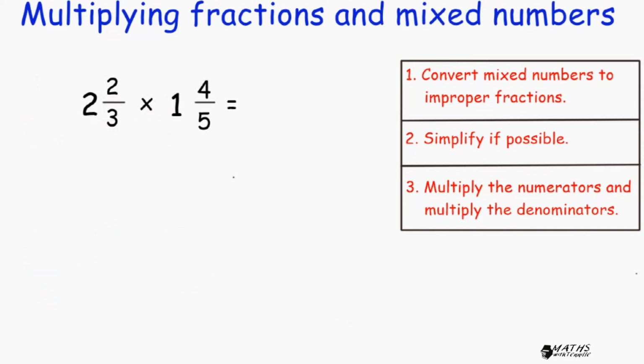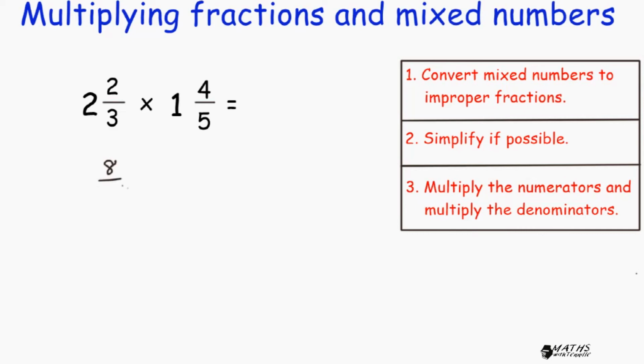Finally, let's look at multiplying mixed numbers. So now I'm going to look at rule number 1, and I'm going to convert mixed numbers to improper fractions. So as we've learned previously, to change a mixed number to an improper fraction, we do the whole number times the denominator. So 2 times 3 is 6. We add the numerator, that gives us 8.